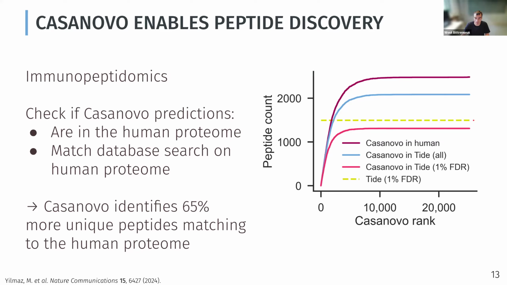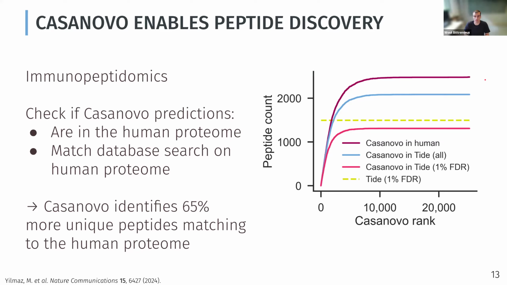Looking at Casanovo results that were also in the Tide results, we see that Casanovo was able to reproduce quite a few of those. But if we also looked at Casanovo results not in the Tide results, without any false discovery rate control, but matching the human proteome, we saw that we now identified up to 65% more unique immunopeptides.